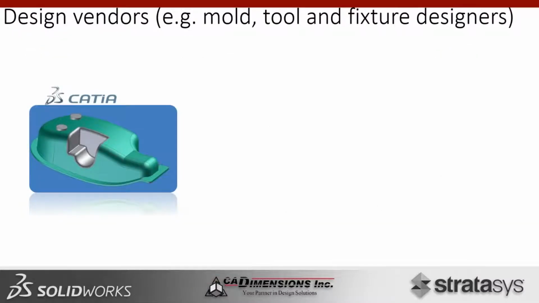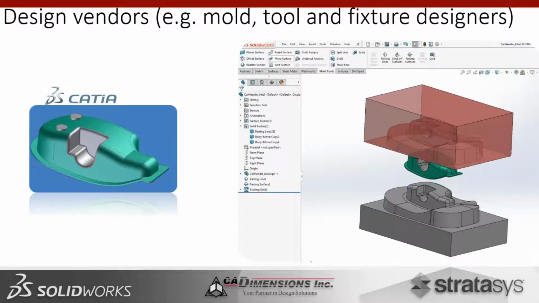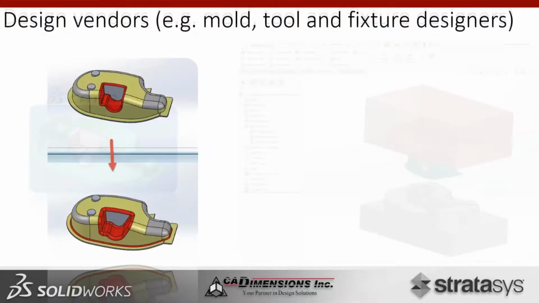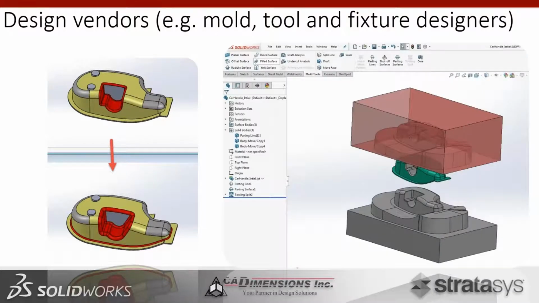Now, with a design vendor, typically there's some part or parts that are being created externally, maybe in another package, in this case, CATIA, and you might use it to create tooling or add it to your existing assembly and design around it. The expectation, though, is when the model changes, in this case you can see that that little cutout in the side changed, you really want it to update inside of SOLIDWORKS.